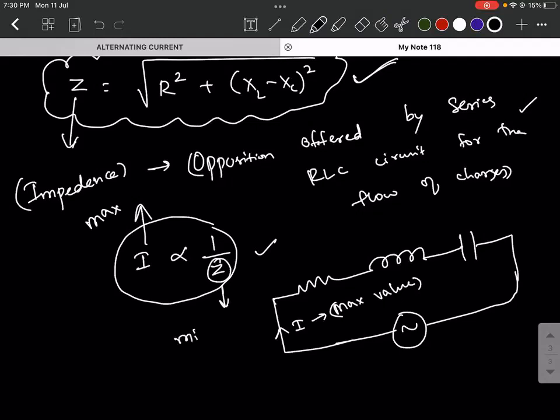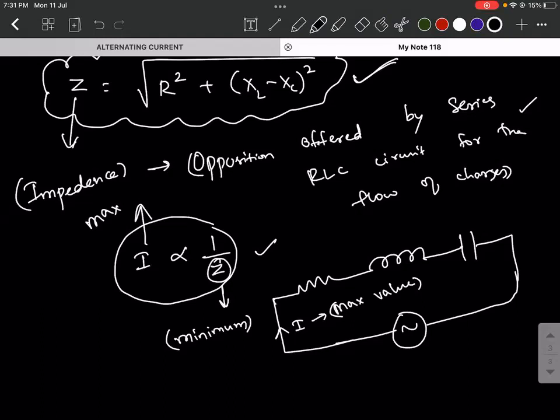It should be minimum. If you connect all the dots together, this is like resonance, maximum amplitude in the case of waves. In the case of alternating current, it is maximum current. So when will you say an LCR circuit is in resonant condition? When the current passing through the series LCR circuit is maximum.